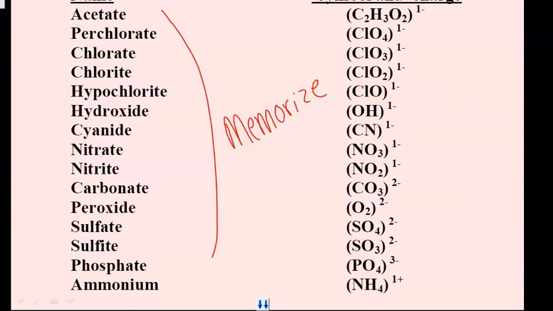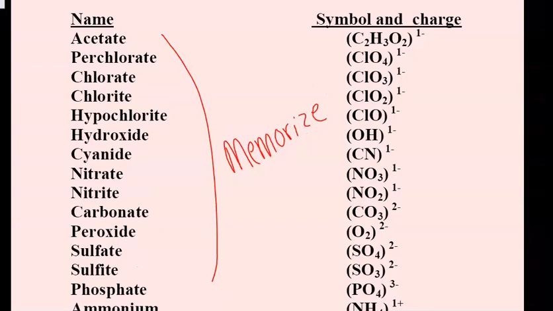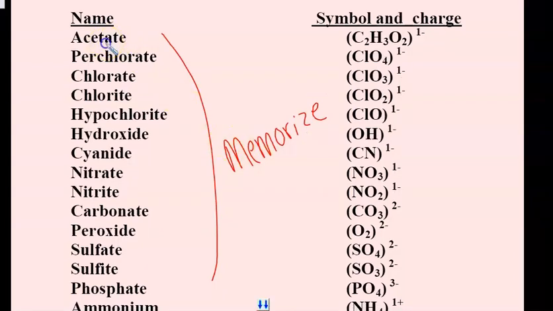All right. I'm going to show you how these work. And again, you could print these off. We're going to do a couple of examples. Notice their endings. Most of them have a T in there. There's a couple that are IDEs, but most of them have a T in there. That's how you can recognize that you're dealing with a poly. They're either an ate or an ite.